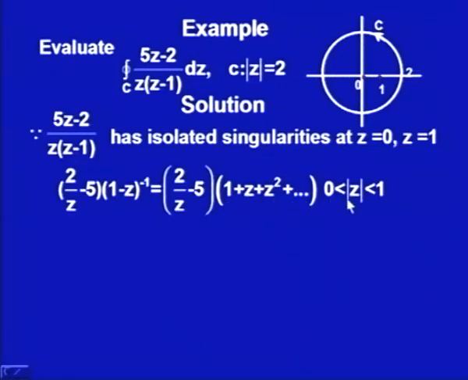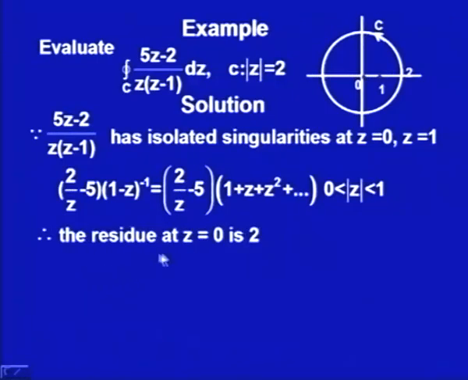This is valid for |z| lying between 0 and 1. From here, the part 2 upon z is the principal part. So, here I would get 2/z, then I would get 2, and then all the terms would be in powers of z. So, the coefficient of 1/z is only 2. So, from here what we get is that b1 is 2.